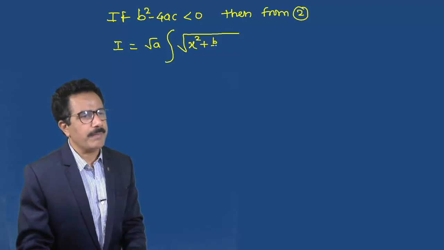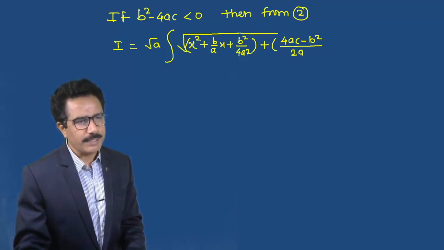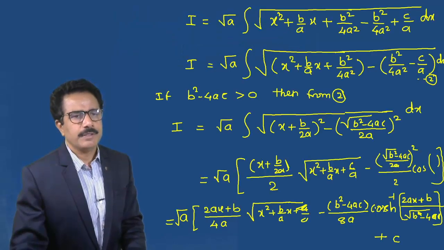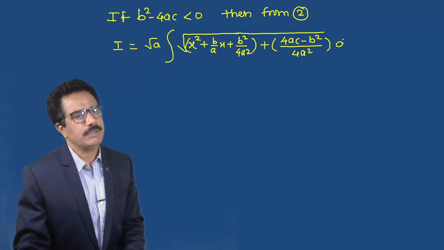plus b by a into x plus b square divided by 4a square plus we have to write 4ac minus b square divided by 2a, that is, 4a square. So it is written as a 4a square into dx.